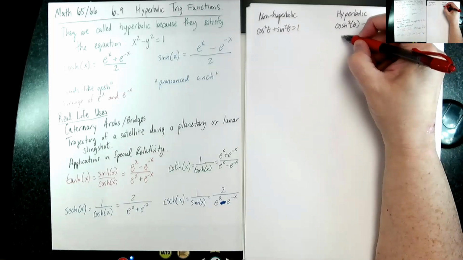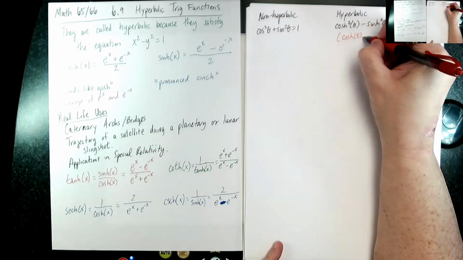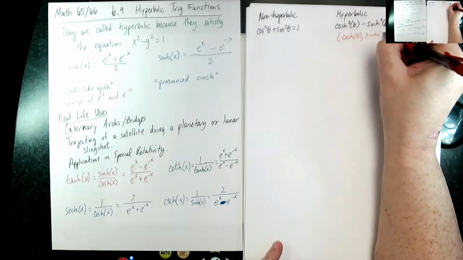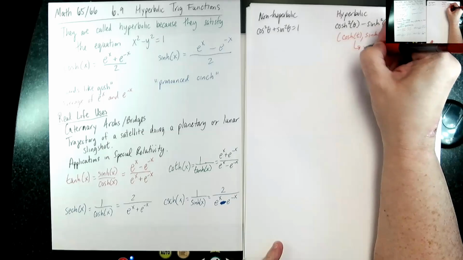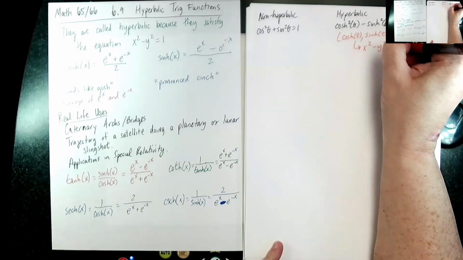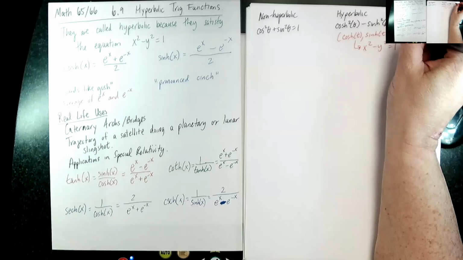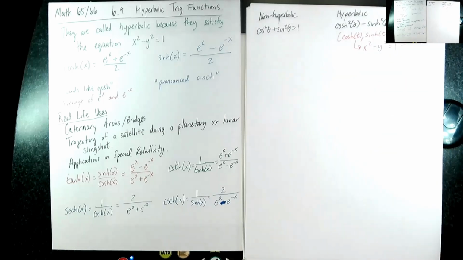In fact, if we have the coordinates cosh t, sinh t, like a parameterized function, then these coordinates satisfy x squared minus y squared equals 1. And that's why we call them hyperbolics. Probably why we added h to them.